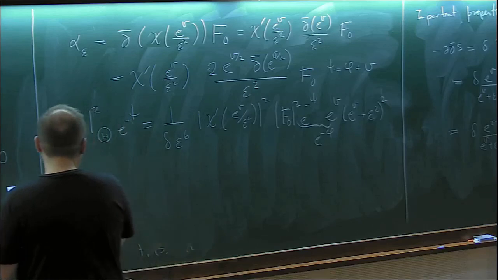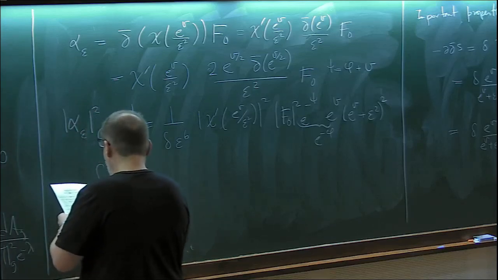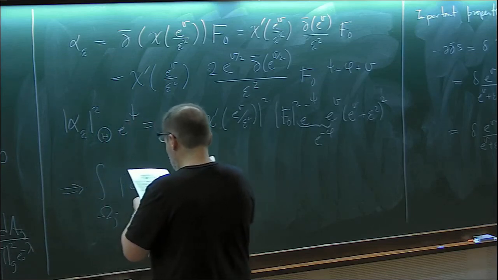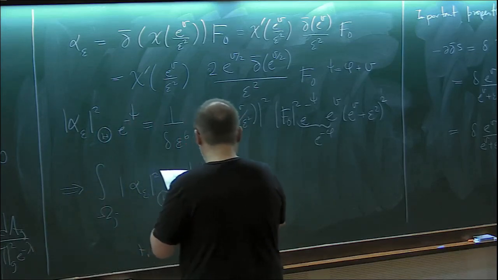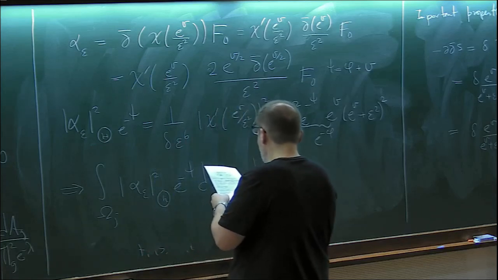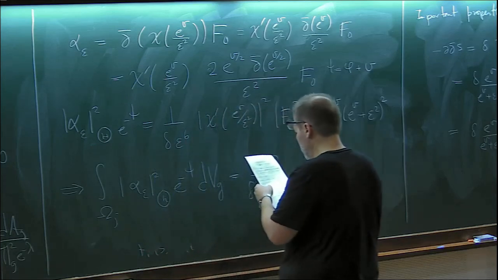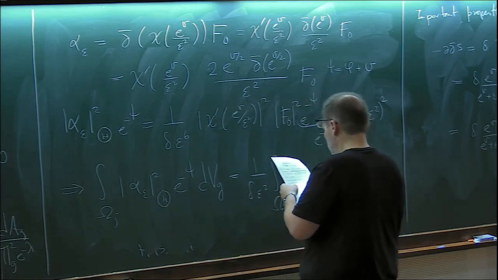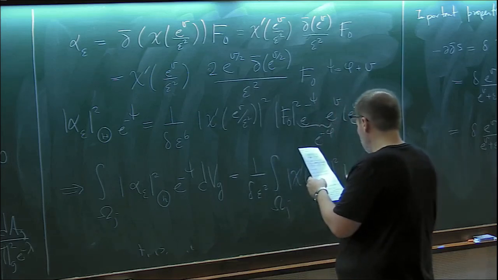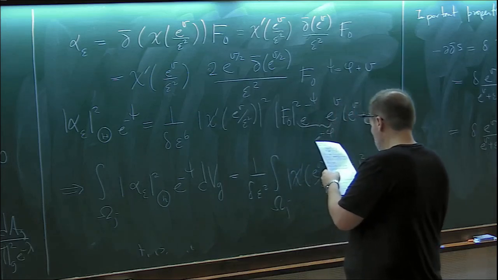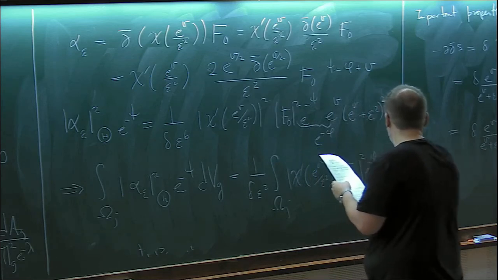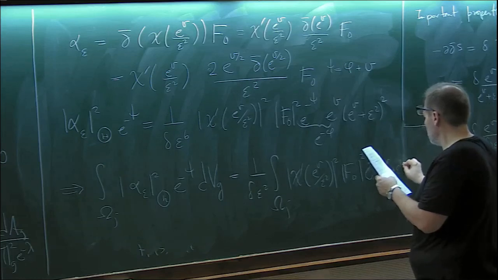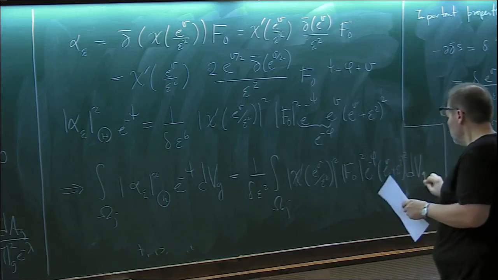Okay, so that means that the integral over omega j of alpha epsilon squared theta e to the minus psi dv sub g is equal to 1 over delta epsilon squared integral over omega j chi prime e to the v over epsilon squared squared f0 squared e to the minus phi times e to the v plus epsilon squared squared dv sub g.